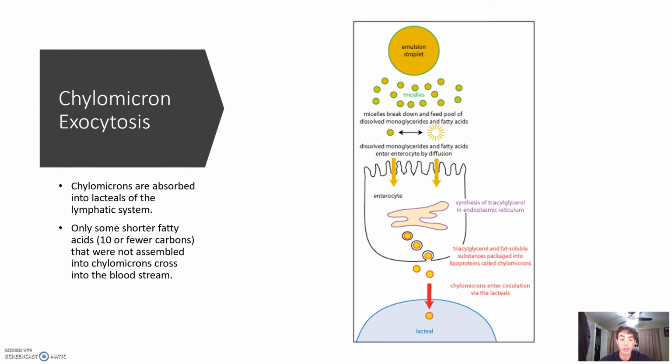So that's how they re-enter the circulation of the body. However, there are still some fatty acids that are not assembled into chylomicrons, and some of these shorter fatty acids that are 10 carbons or fewer in length can enter the capillary system directly and re-enter circulation.